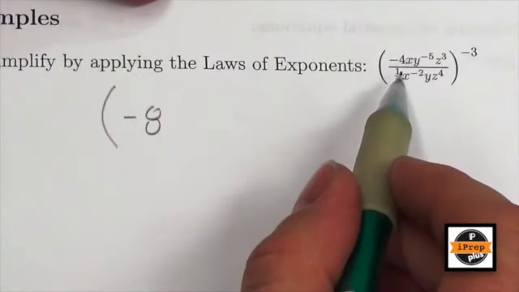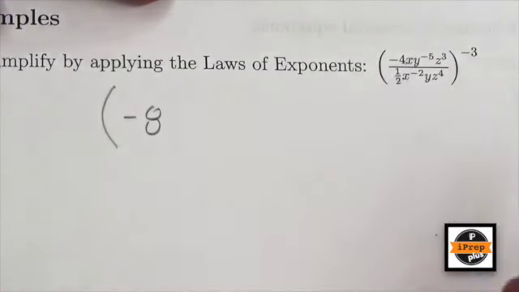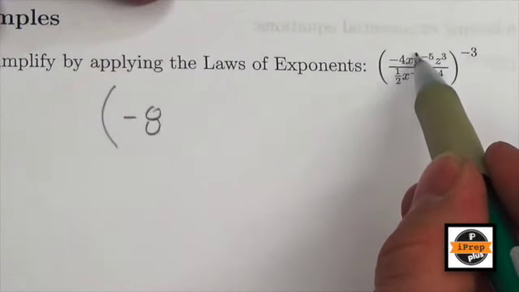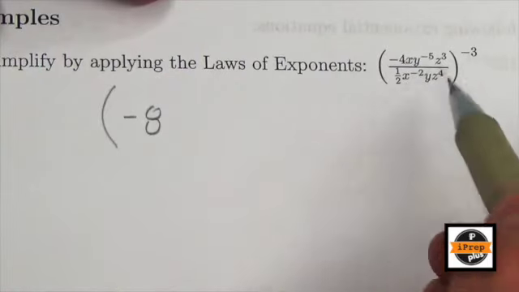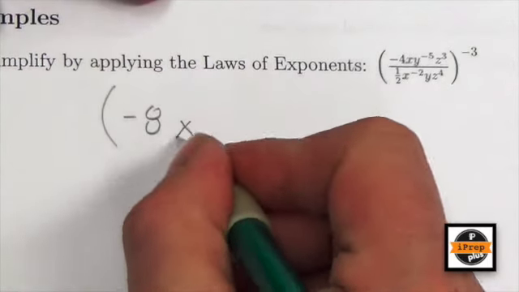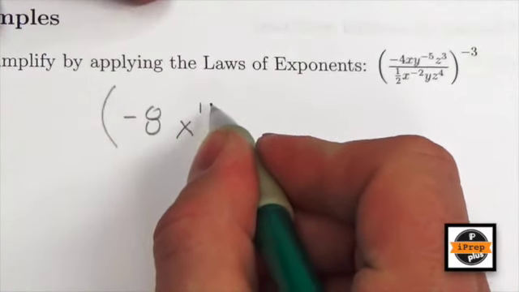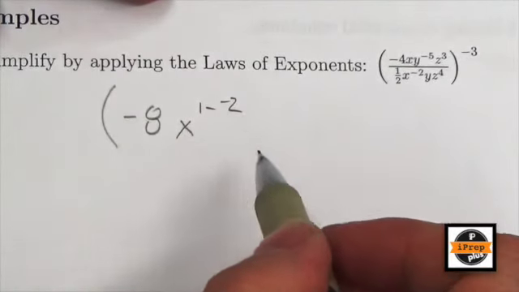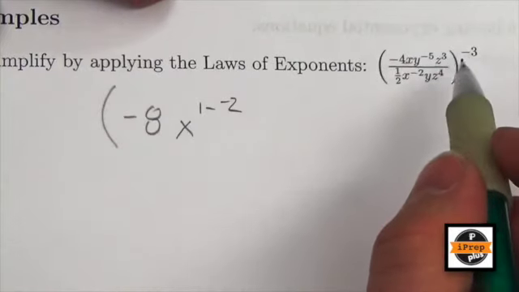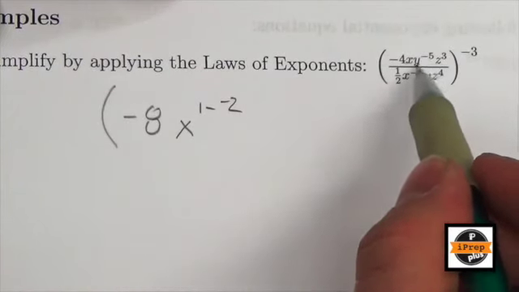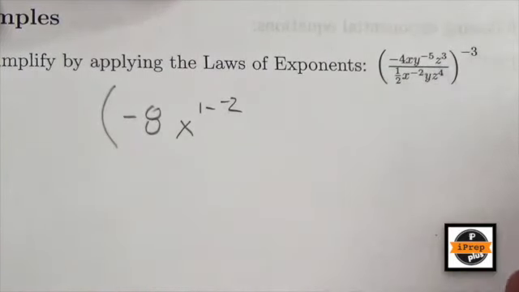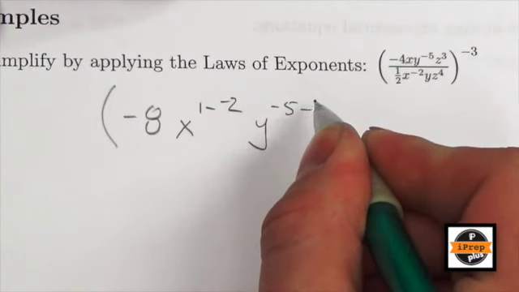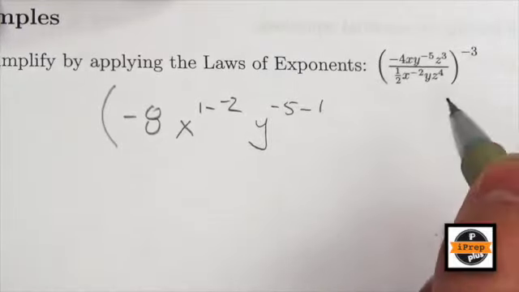Now I'm going to group together the factors that have the same base. In the numerator, I've got an x to the 1 divided by x to the negative 2. So I'm going to write that as x to the 1 minus, because of the division, negative 2. I've got to remember to keep the signs correct. Then I've got y to the negative 5 divided by y to the 1, so this will become y to the negative 5 minus 1.